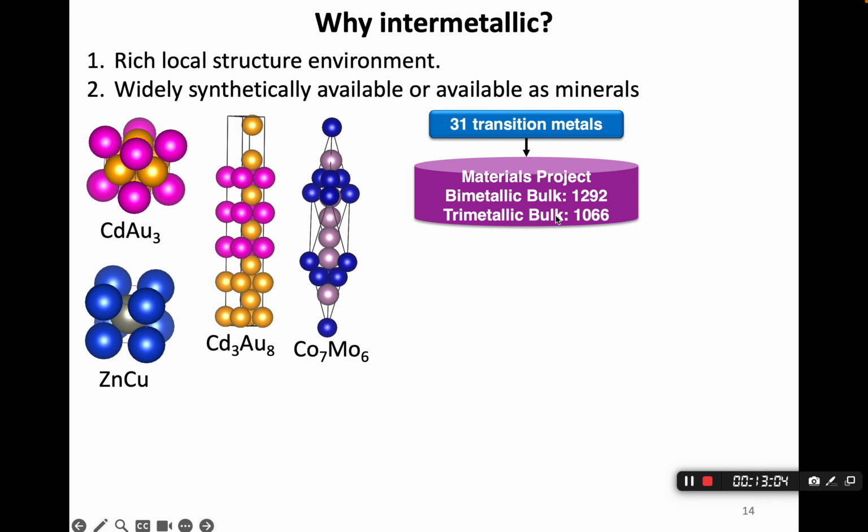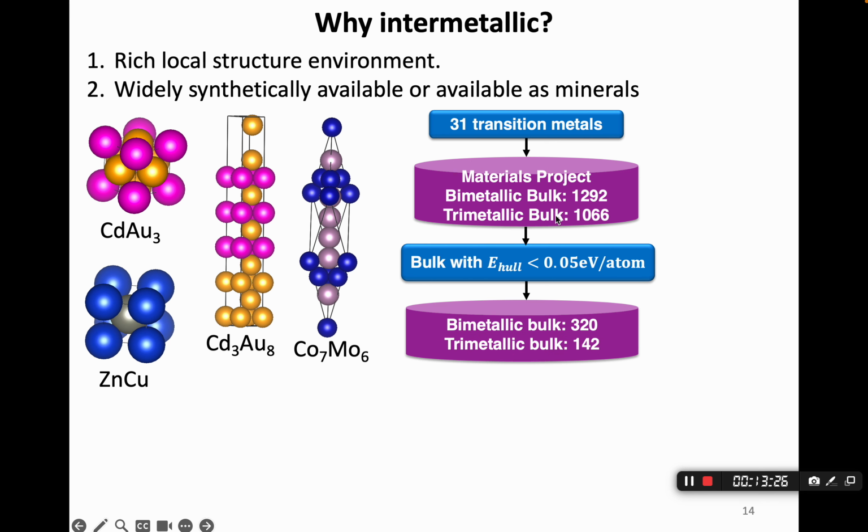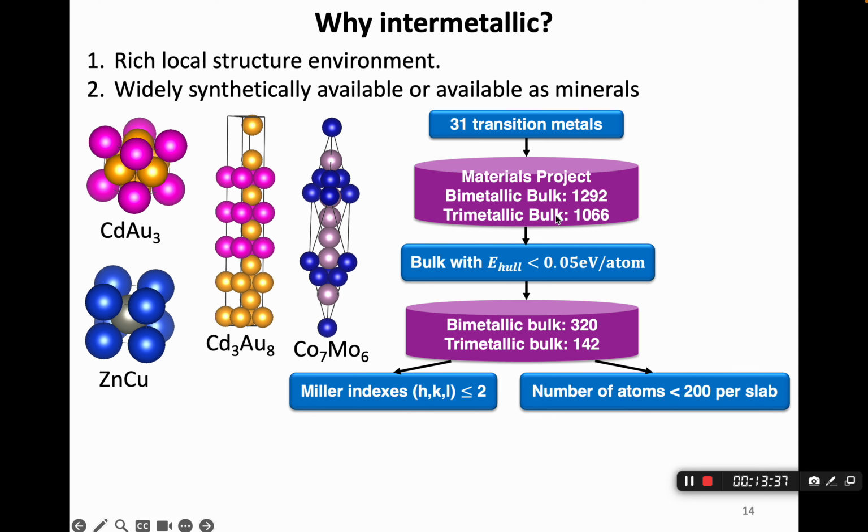We searched through Materials Project and found about 2,300 intermetallics with 2 metals and 3 metals, and we only chose those with energy above hull less than 50 meV per atom, because we want to make sure people can make those compounds experimentally. It eventually ended up with about 462 intermetallics. Then we brute force enumerated all the low index surfaces with Miller indices, any one of them smaller than or equal to 2.